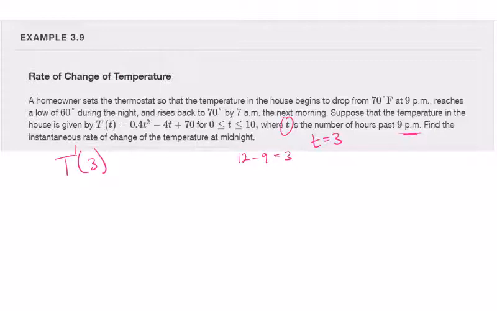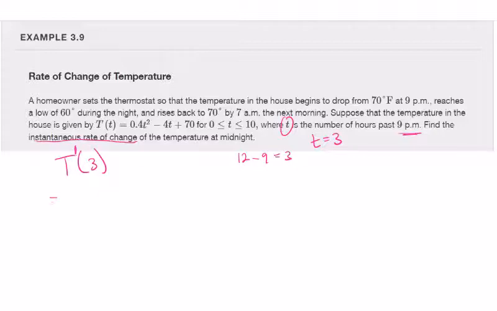We want to find the derivative of capital T at 3, and that'll tell us the instantaneous rate of change of the temperature. So when you see instantaneous rate of change, think of the derivative, and so we're going to calculate that.